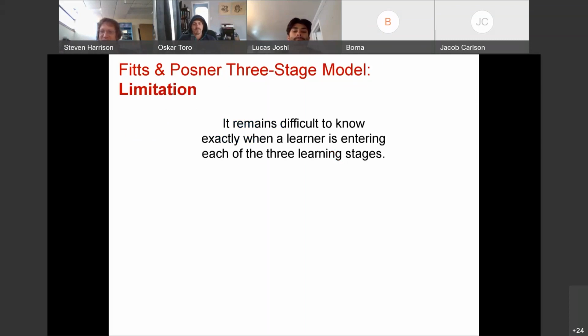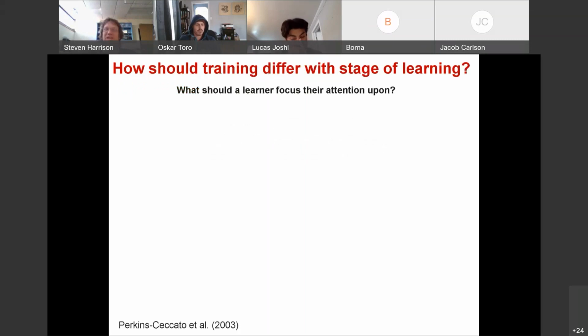I gave you the ballparks, but there's no real clear-cut measures in the literature to say, okay, this is when they're in this stage of learning, therefore you should do this. So we don't have clear-cut rules.